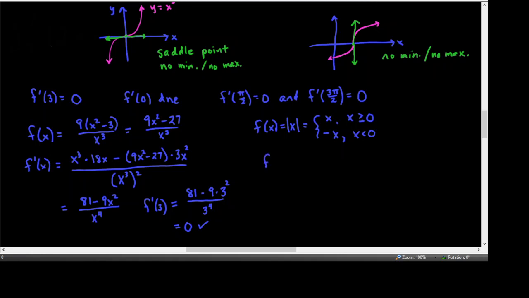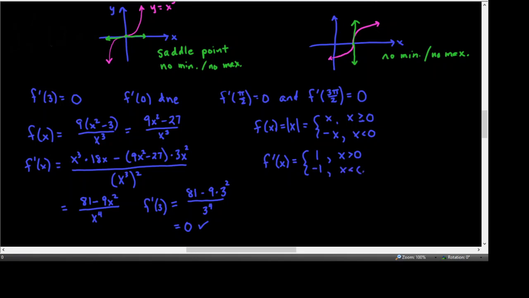And f prime is going to be the derivative of x, which is 1 when x is positive. The transition point at 0 is in question, so I'm not going to say or equal to 0 there. And the derivative of negative x is negative 1, and that's true when x is less than 0.